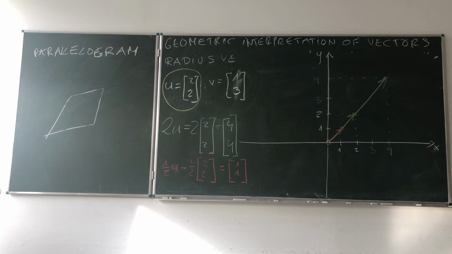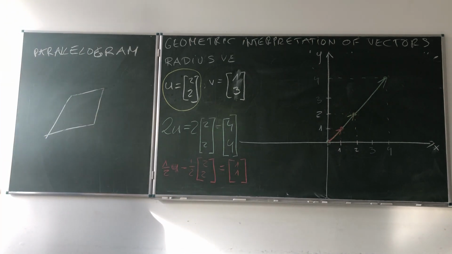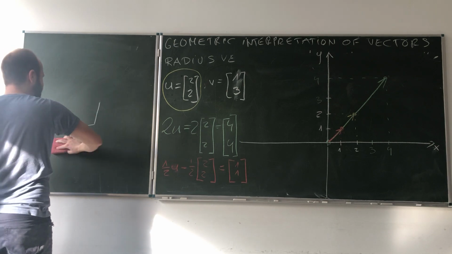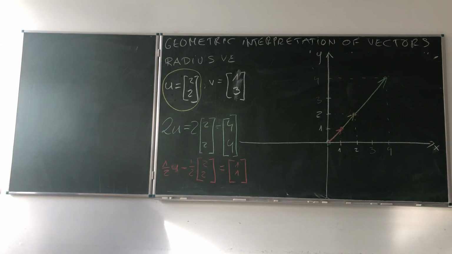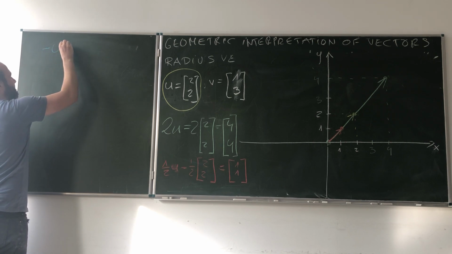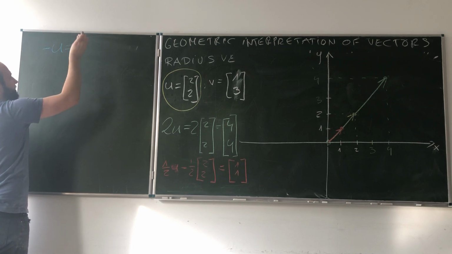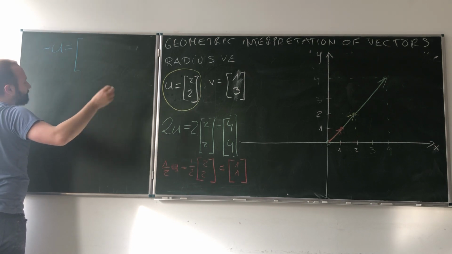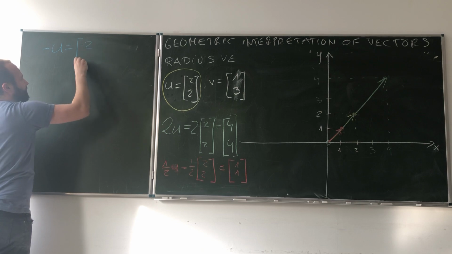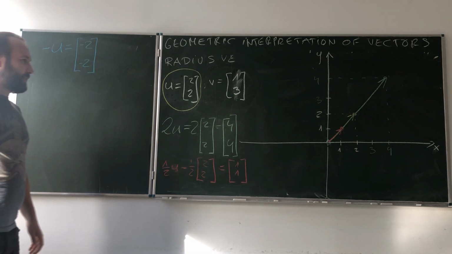But is it really all that we can do? We can do more. What if now I would be interested in drawing vector negative u? That would be simply -1 times 2, twice, -2, -2. So, what would we see right now?